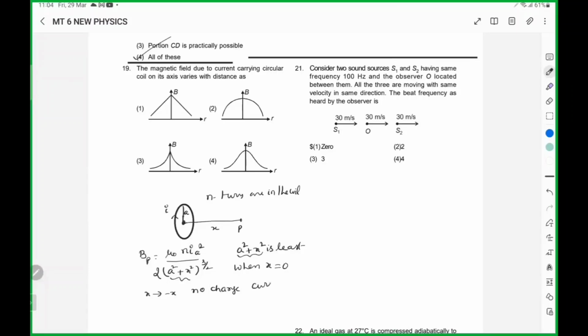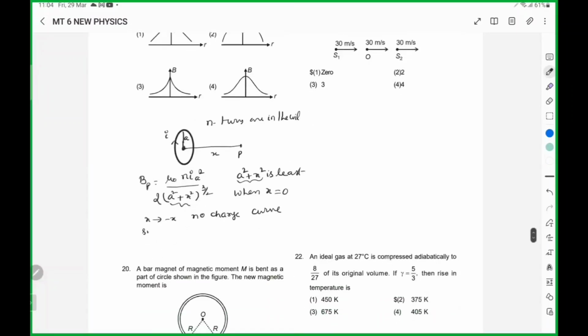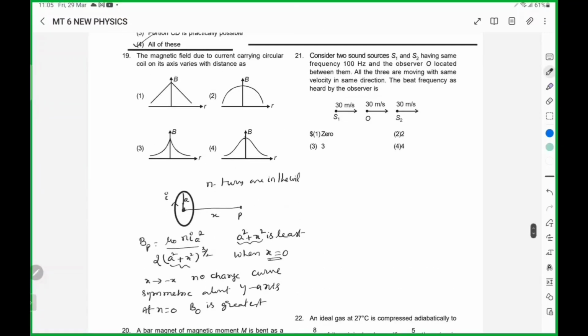So the curve will obviously be symmetric about the y-axis. At x equal to 0, that is at O, the magnetic field is greatest. The suitable graph, symmetric and greatest at the center, will be this. As x increases, the magnetic field decreases.